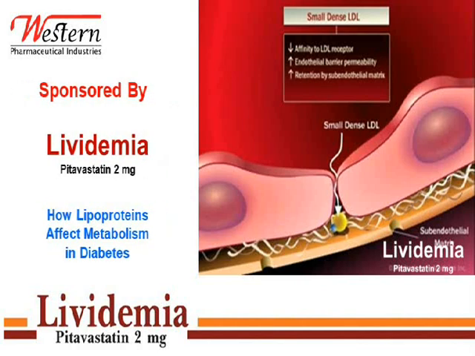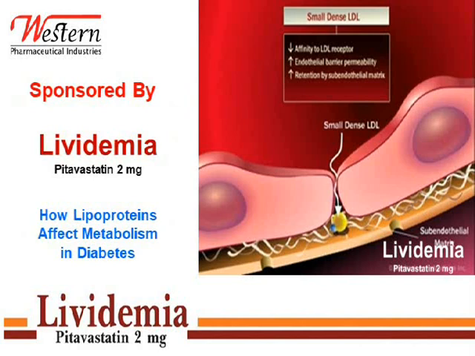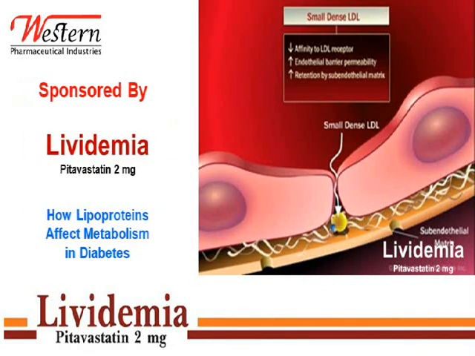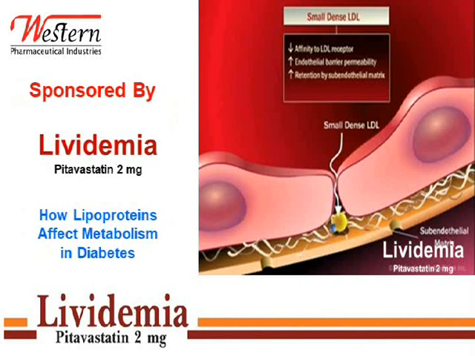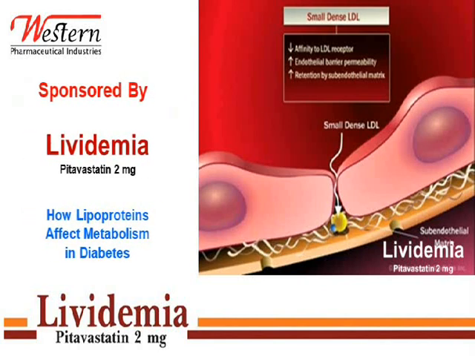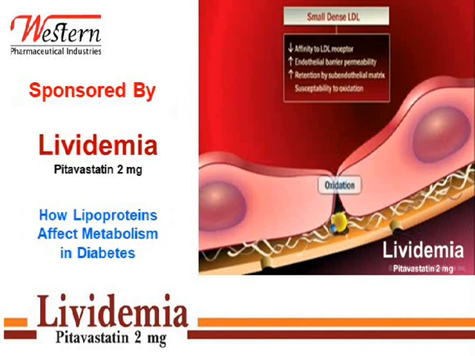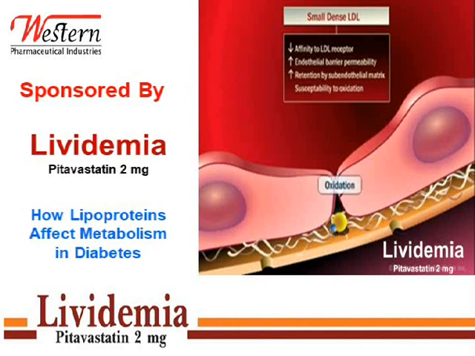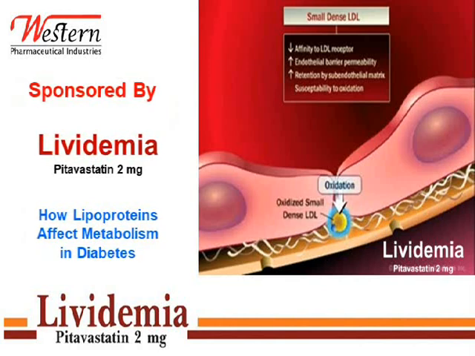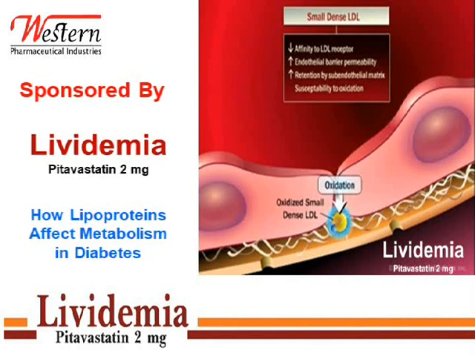That is, the increased retention of small dense LDL particles. These retained particles remain in the subendothelial matrix for a sufficient amount of time to undergo further modification. Specifically, these retained small dense LDL particles are susceptible to oxidation and become oxidized small dense LDL particles.